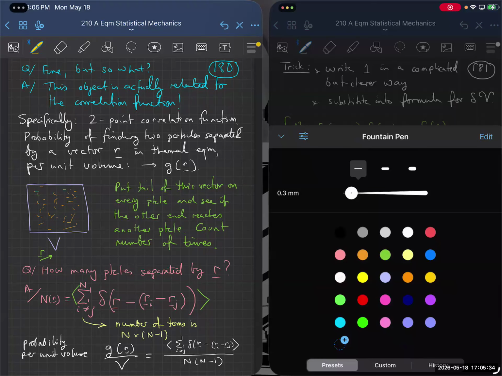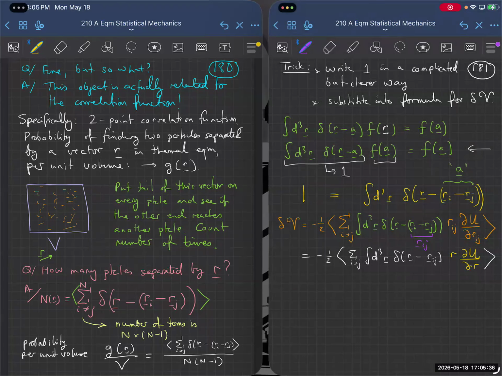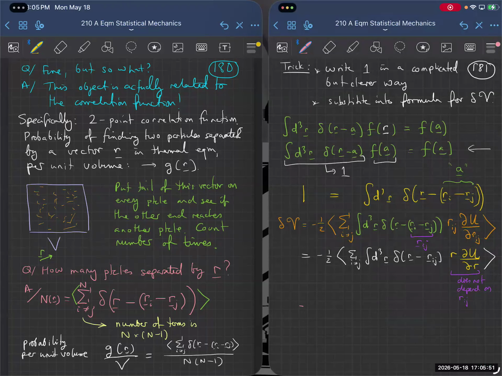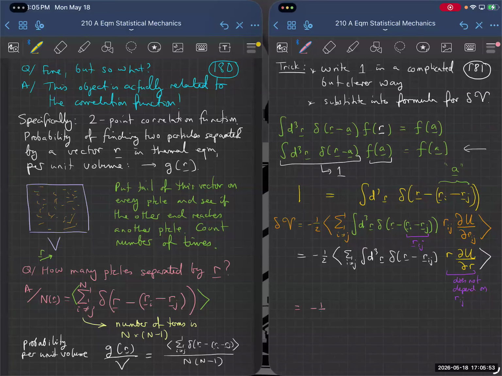So now this thing does not depend on the summation, and I can write this whole expression as equal to minus 1/2, and then I'm going to take out the whole integral.